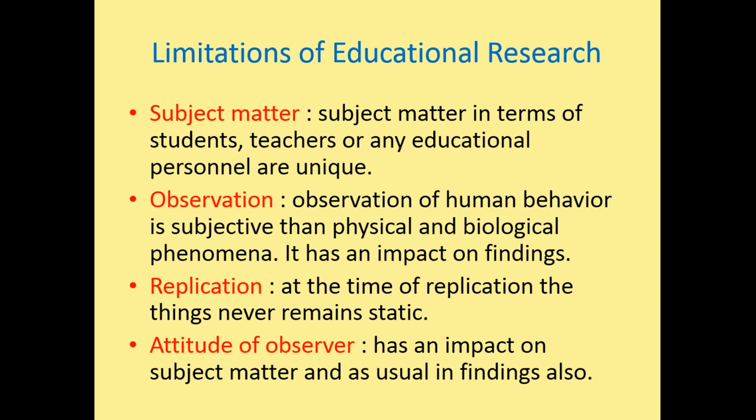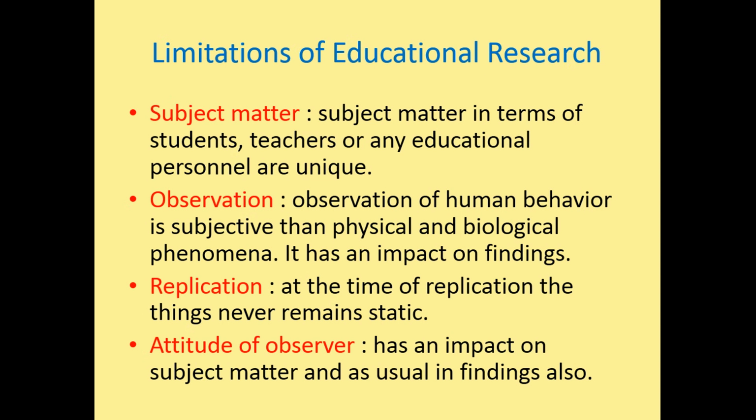Replication. At the time of replication, things never remain static. Replication indicates validation. If someone's work failed to reproduce the same result, then the research work is not valid. Educational research studies human nature, which is the most dynamic thing. So it is difficult to replicate. Attitude of observer.